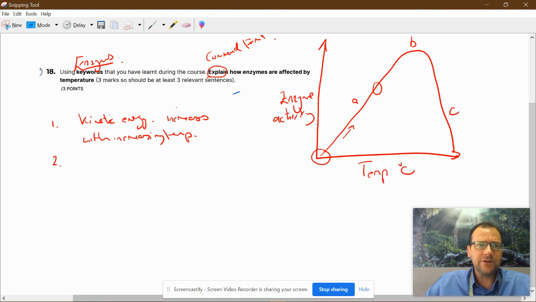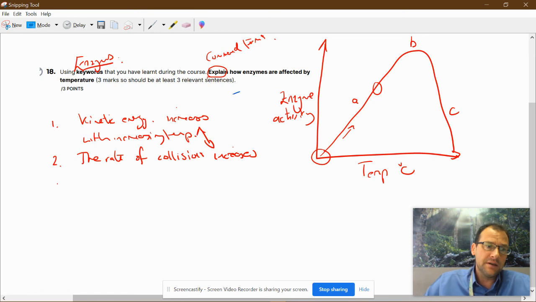Kinetic energy increases with increasing temperature, which means the rate of collisions also increases because of this kinetic energy increase. All right. What's colliding with what?